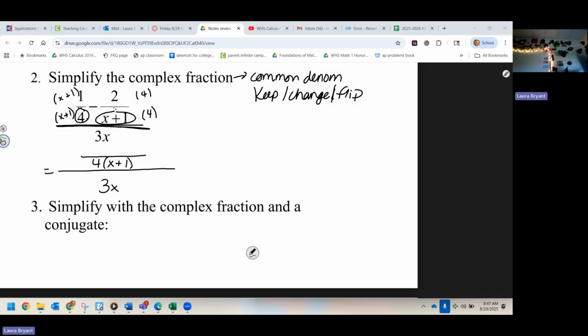And what I fill in here is x plus 1 times 1 minus 2 times 4. I just do the numerators across because they have the same denominator. And then simplifying that numerator, I get x plus 1 minus 8.